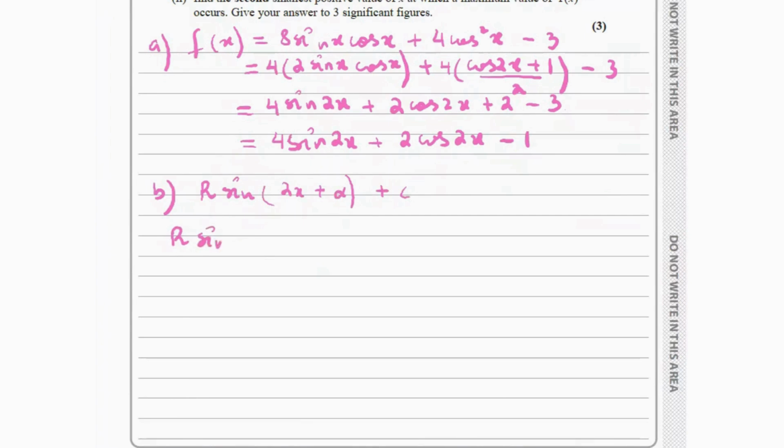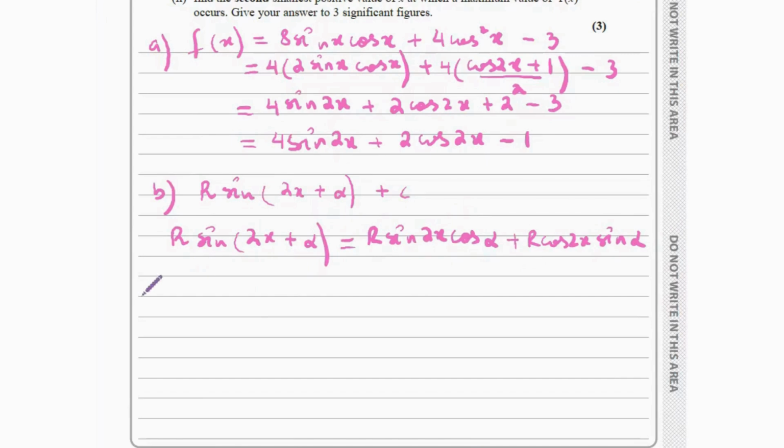R sine of 2x plus alpha is equal to r sine 2x times cos alpha plus r cos 2x times sine alpha. If it was r times sine 2x minus alpha, then it would be r sine 2x times cos alpha minus r cos 2x times sine alpha. So it depends on what the signs are.